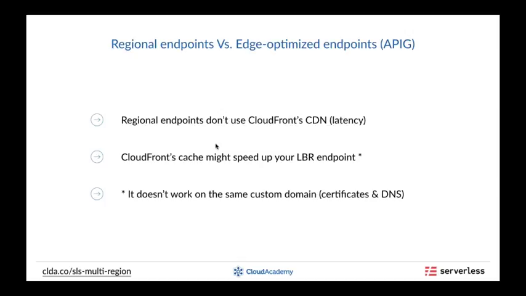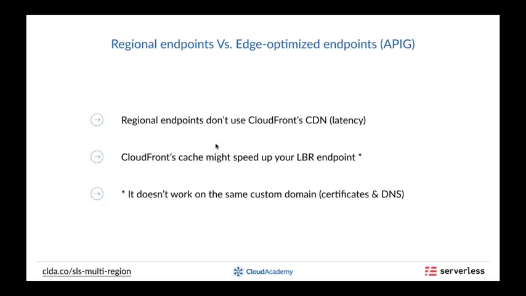I have some data, some statistics to show you, but this is the point where I figured, what if I put a CloudFront distribution in front of my latency-based routing endpoint? So that's an option. Good news is that it will speed up actually all the responses as long as you are okay with caching.